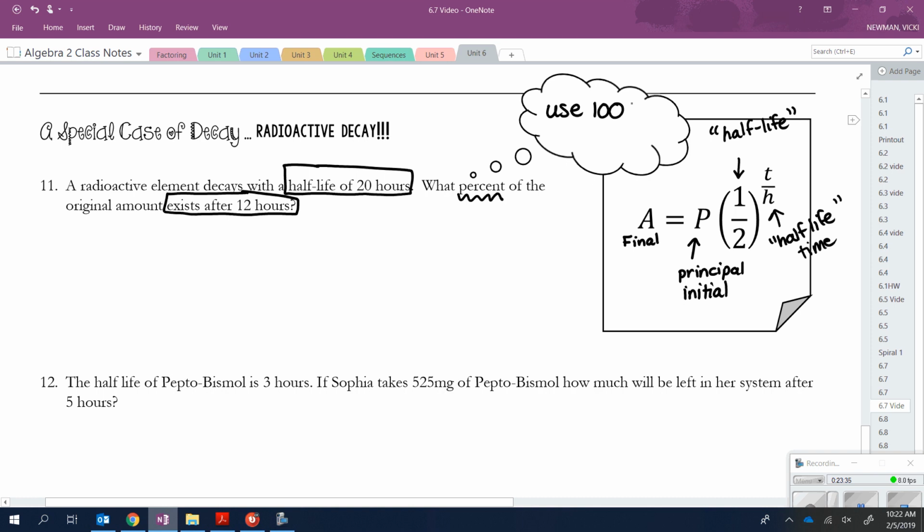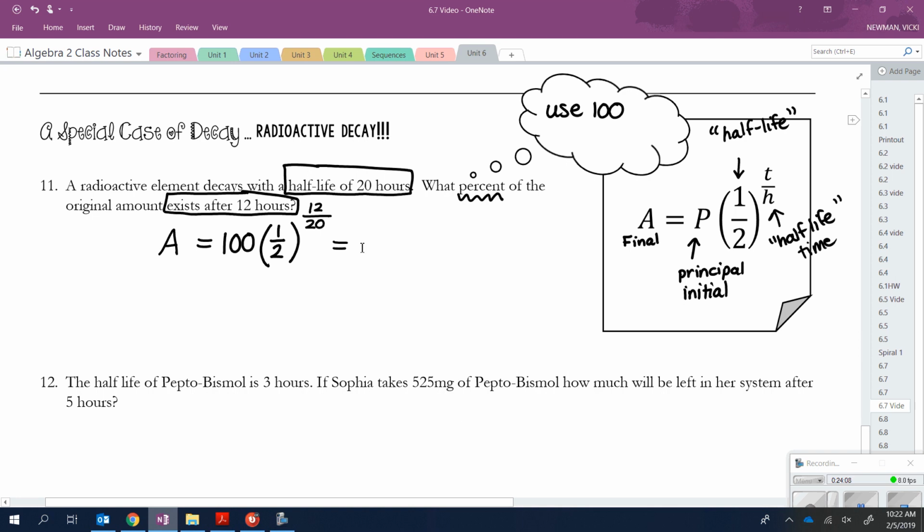We're going to have our initial amount be 100. It says half-life, so we put 1/2 in parentheses. We're finding a final amount. After what time? 12 hours, but over a half-life of 20.